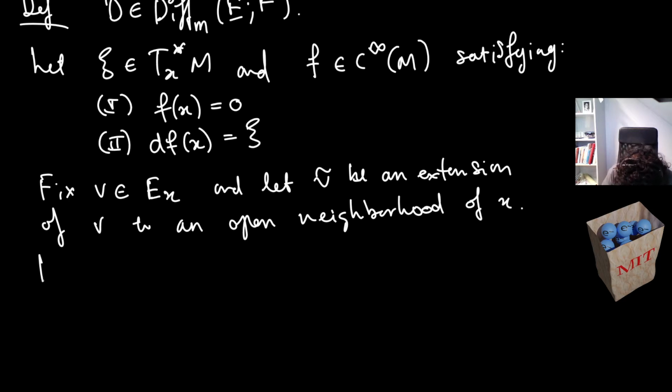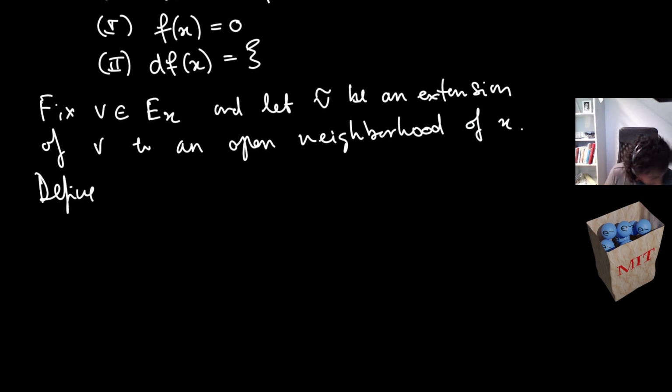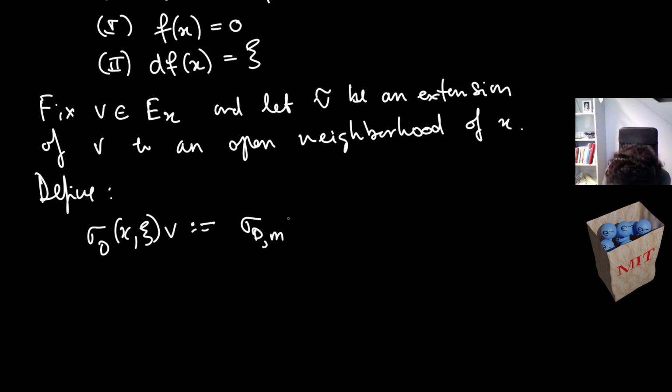And define then the principal symbol. Well, I won't call it the principal symbol yet. So sigma x psi of v, I'm going to define this. This is also the mth symbol, right? So for an operator of at most order m, I'm going to call it the mth symbol.